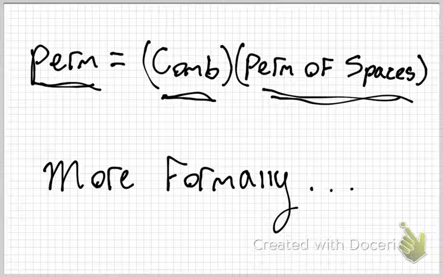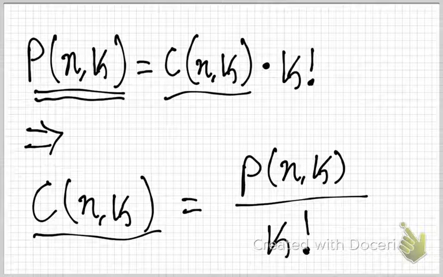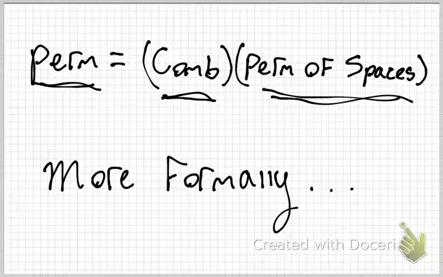So, moving forward, we already know the formula for P(n, k). Oh, one second. Let me go back and introduce some different notation.